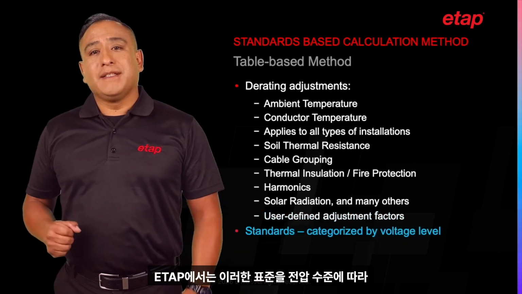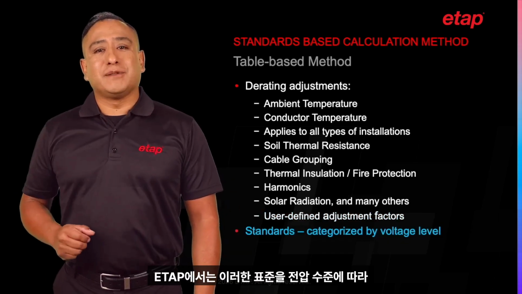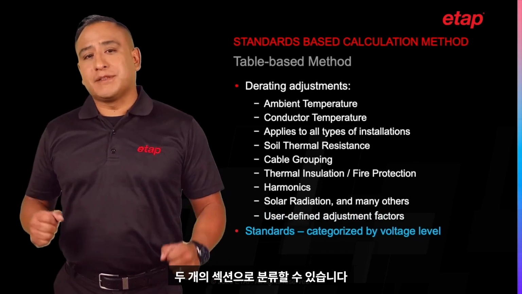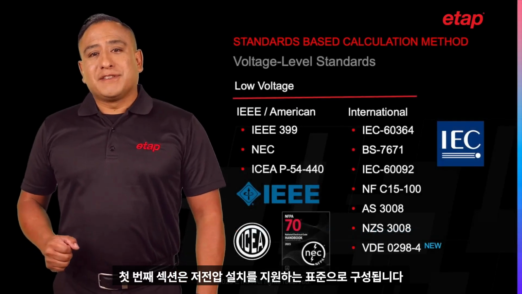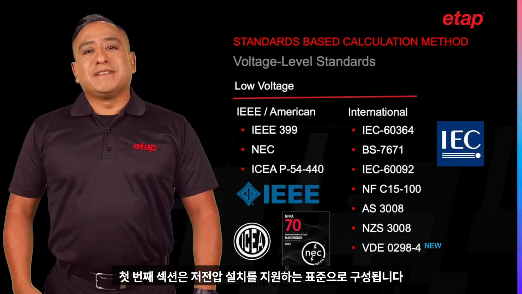In ETAP, these standards can be categorized into two sections, based on the voltage levels. The first section is composed of standards which support low-voltage installations.